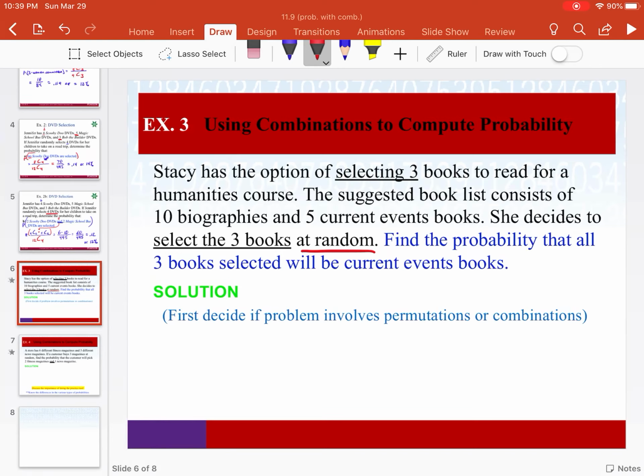So that confirms it's a what? Combination or permutation? Combination. That's right. So we're looking for the probability that all 3 books are current events. So find the probability of 3 current event books.